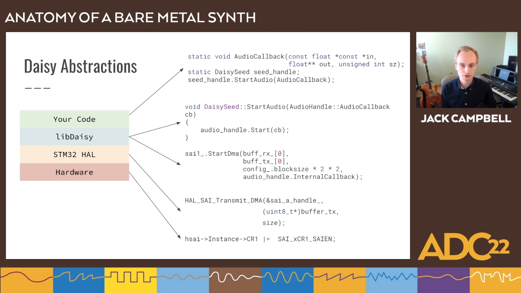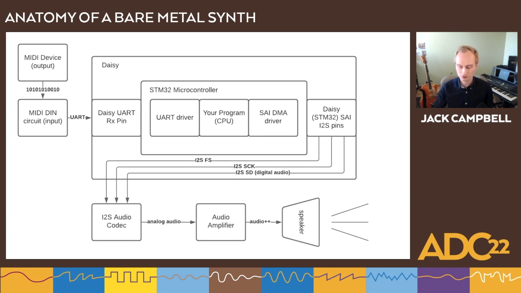We are writing to a register on the hardware directly, control register 1, CR1 there. We're writing the SAI enable bit. And that's what makes this code different than native programming. We're just a couple steps down in the call stack, directly interfacing with the hardware, which is pretty cool and exciting.